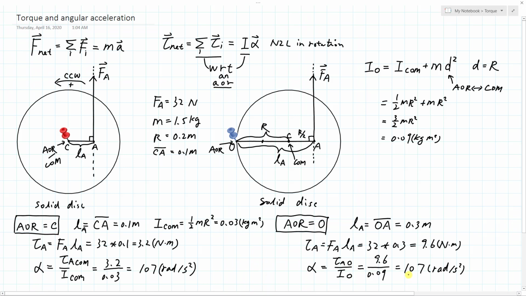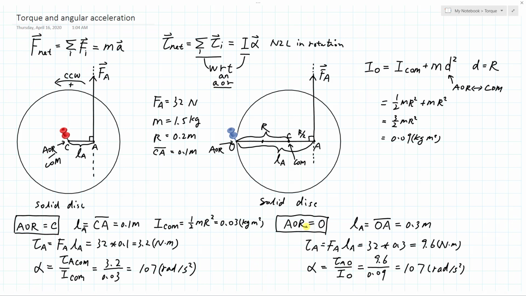So let's review how we did our problem to find the angular acceleration. Foremost, we picked an axis of rotation, and in both cases, the axis of rotation we picked is exactly the physical axle around which the object rotates. The reason is that otherwise, if you pick a different location, the axle exerts a force, and the force is unknown in magnitude and direction.